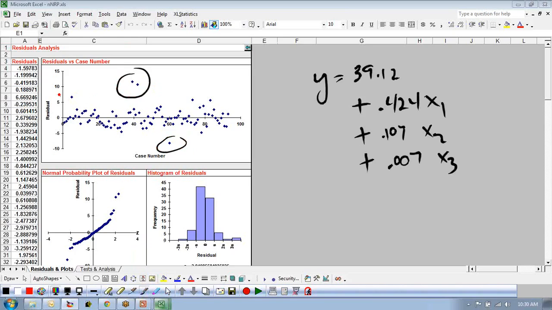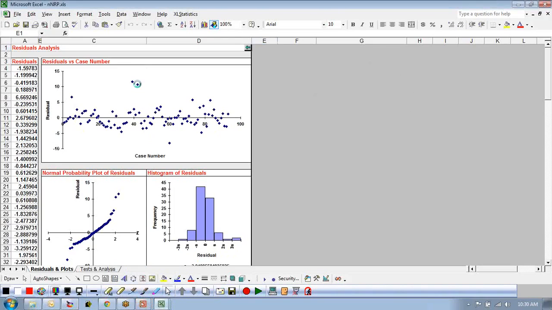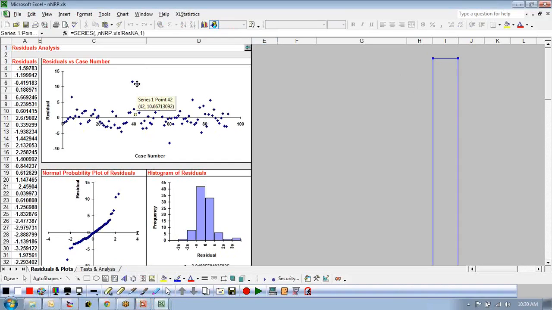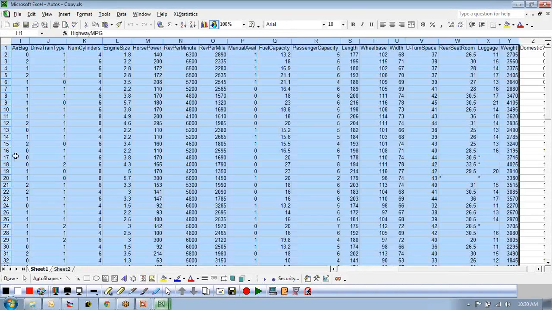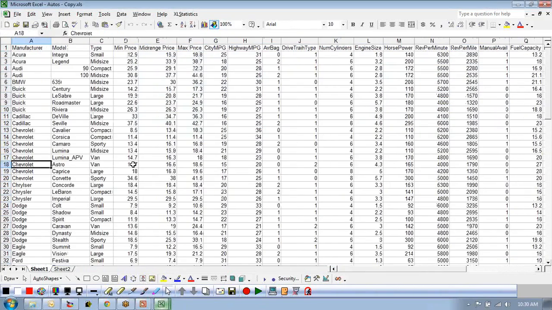Now, if I know a little bit more about those, I might be able to answer some more basic questions. So, for example, this one, series 1, 42 and 39. I can look in my original data set and see if I can find those.